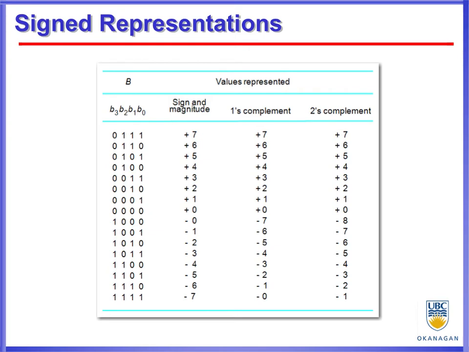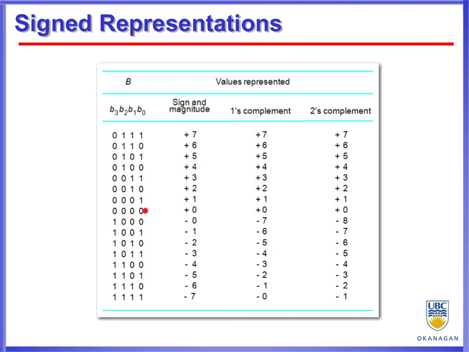Okay, so here are our 3 different ways of representing a signed number. Sign and magnitude, which simply means that the first bit, which is the sign bit, is, you know, these are all positive numbers, these are all negative numbers. This is 0, positive 1, positive 2, 3, 4, 5, 6, 7. This one would be negative 0, since the magnitude is 0, the sign is negative. We get a negative 0, which is one reason this is not a good way of doing it.